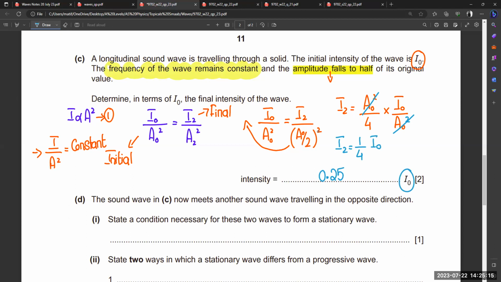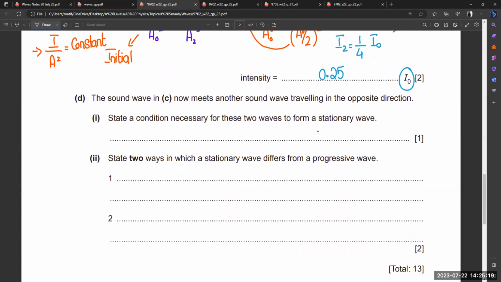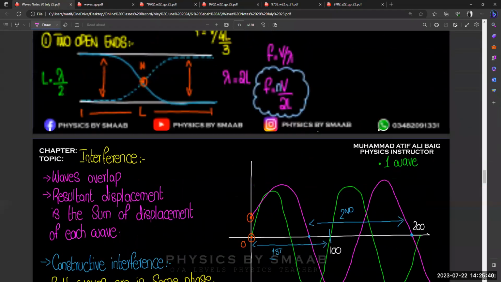The next part is: the sound wave in C now meets another wave traveling in the opposite direction. State a necessary condition for these two waves to form a stationary wave. That we recently discussed in our topic of coherence, that is very necessary to form a stationary wave, and we already discussed it in our standing wave parts.